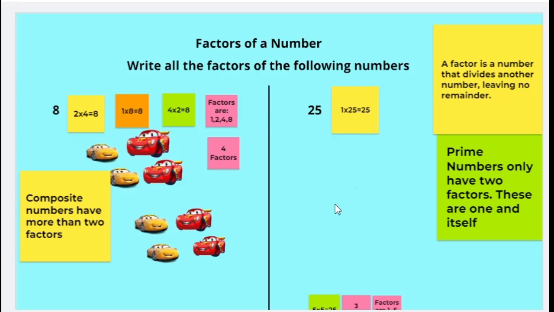What other two numbers can you multiply to get 25? 5 times 5 equals 25. We can get 5 sets of 5 out of 25. And we can also say 25 divided by 5 gives us 5.